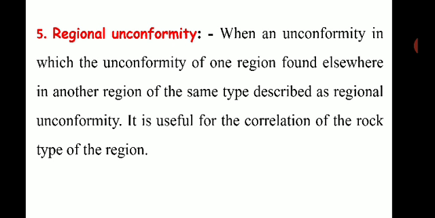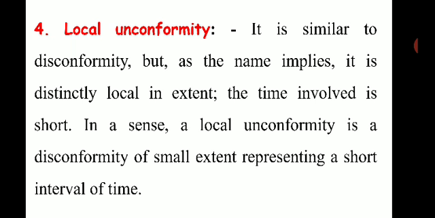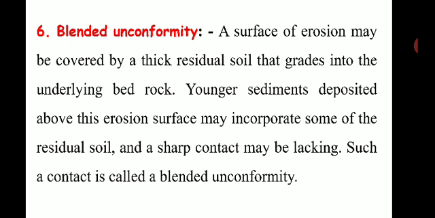Suppose there was a rock formation or similar types of formations, you will find them somewhere else. Okay, in the same stretch, if you find that, then that shows there is a regional unconformity which was existing over a wide area, over a region. Okay, then it is called the regional unconformity. Then next, the last type is blended unconformity.